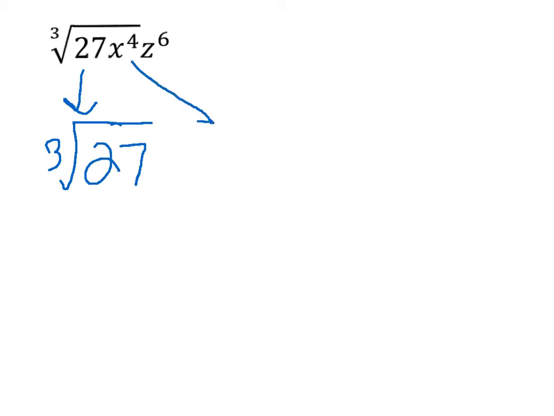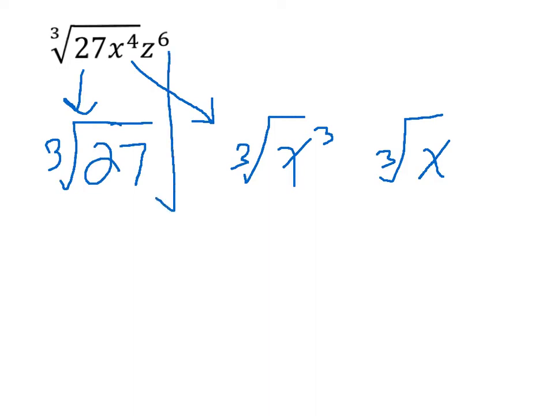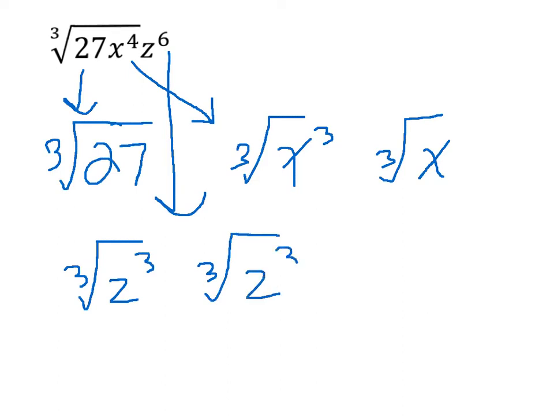And then I'm going to break up x to the fourth into the cubed root of x to the third and the cubed root of x, because those total up to x to the fourth. And lastly, we're going to break up z to the sixth, and that is going to give us the cubed root of z to the third and the cubed root of z to the third again.